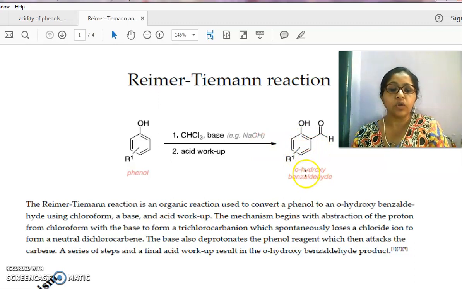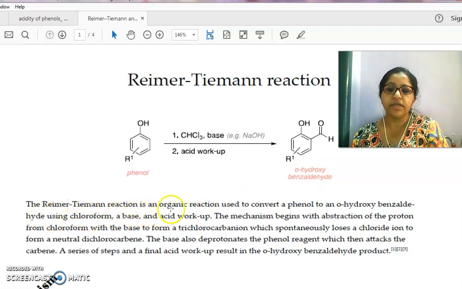It's an ortho hydroxybenzaldehyde, means an aldehyde group is being substituted in the ortho position, and since aldehyde group has more priority compared to hydroxy group, the name goes like this, ortho hydroxybenzaldehyde.